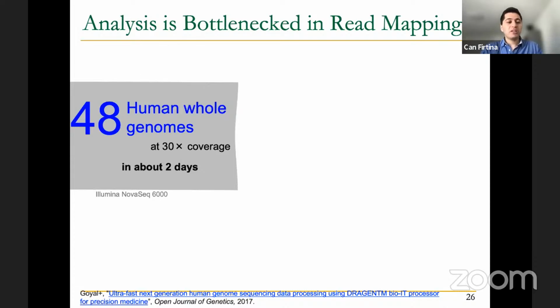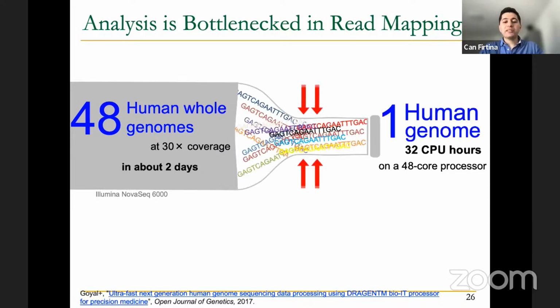And why? This is because a sequencing machine can sequence a human genome in about 2 days, like 48 human genomes can be sequenced in about 2 days, meaning that a single human genome can be sequenced in an hour, right? But this is bottlenecked on the computational side because, as the reads are produced from the sequencing machine, we can only map one human genome in 32 CPU hours, right?